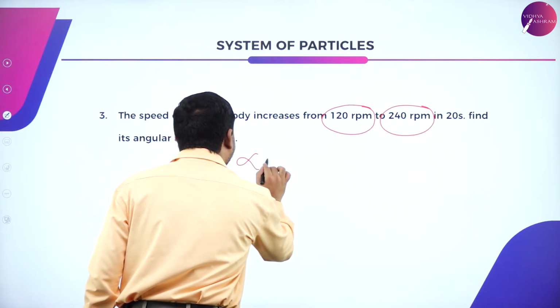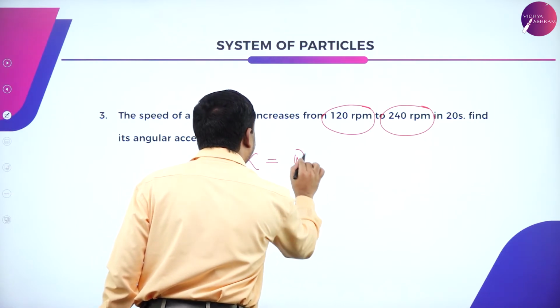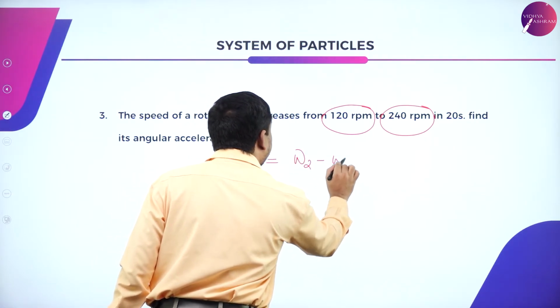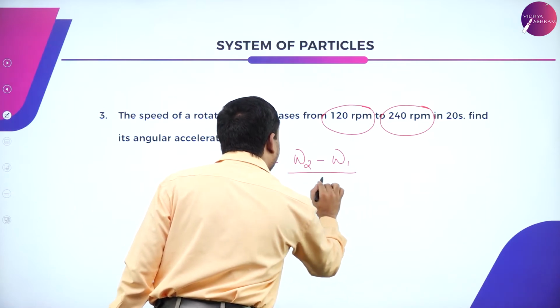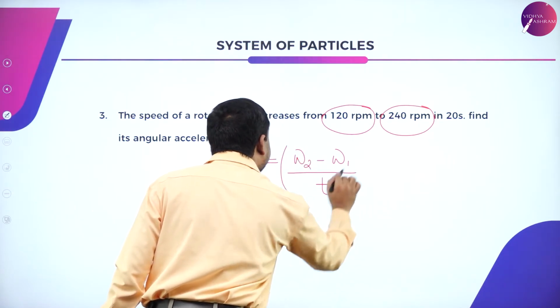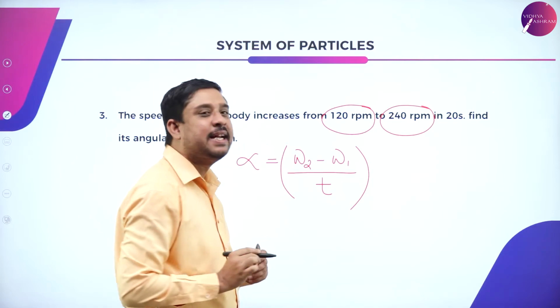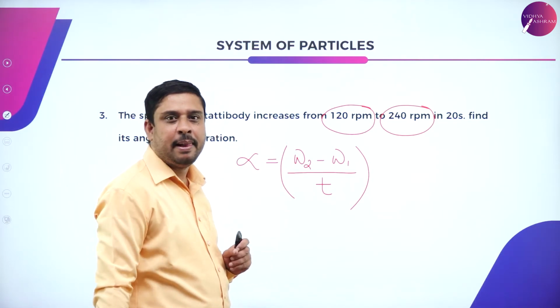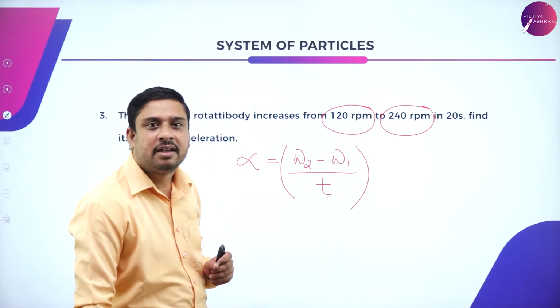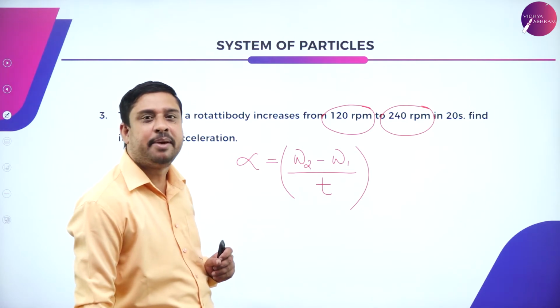Alpha, the rate of change of angular velocity, which is omega 2 minus omega 1 divided by t.